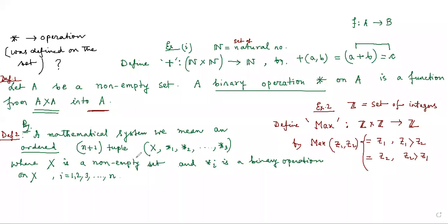So this type of system, where we consider a non-empty set and design various binary operations on the set capital X, when written together, is called a mathematical system. This is the definition of a mathematical system.